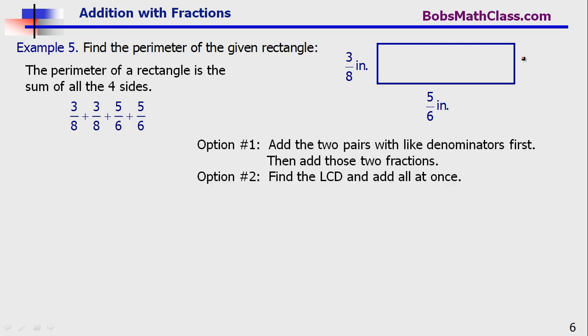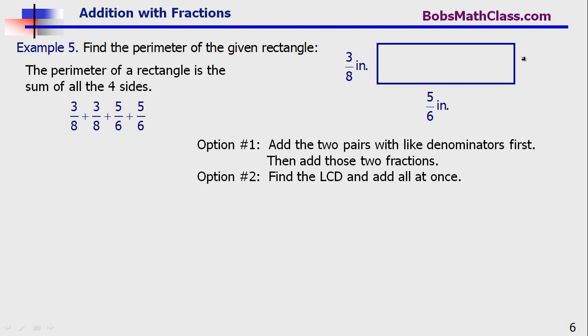Okay, now you have 2 options. You could either add the 2 pairs of like fractions and then add those, or you could add all at once. It's up to you. So you could add the 3/8 plus 3/8, and the 5/6 plus the other 5/6, and then add those 2 results together, or you could add them all at once.